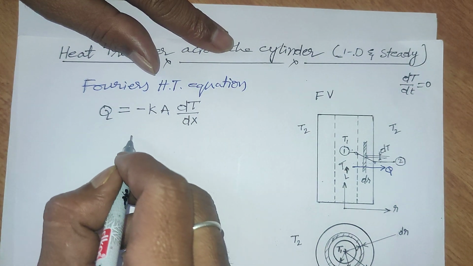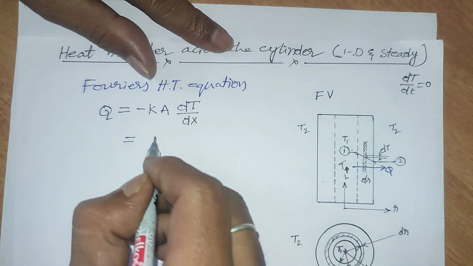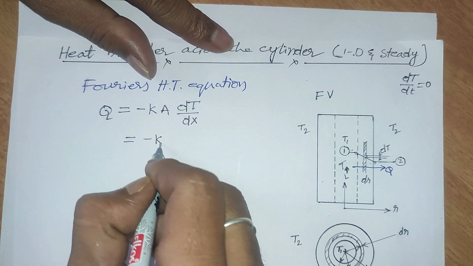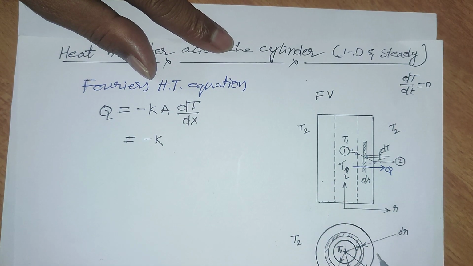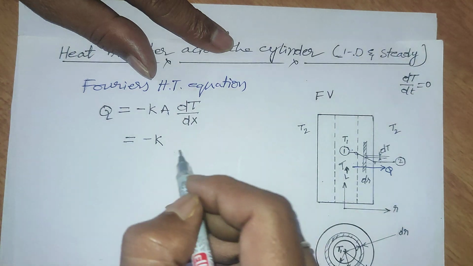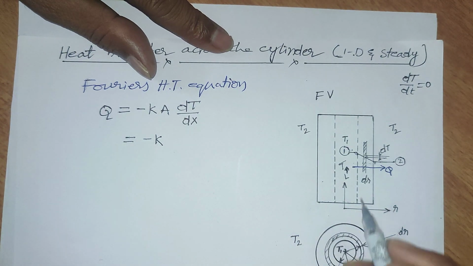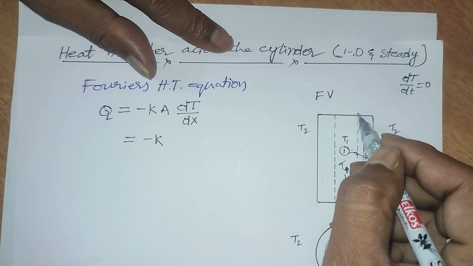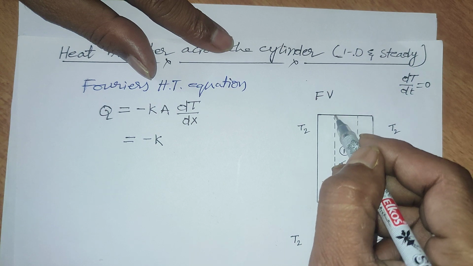So we can write this as minus K. This is the thermal conductivity of the material of the cylinder, K. Then the area of cross section. This is the total area from here to here.